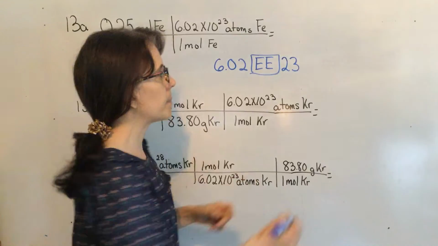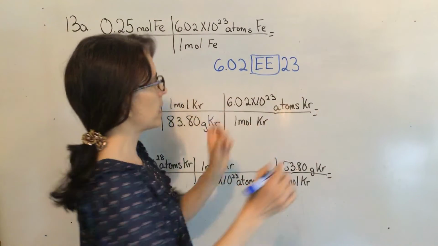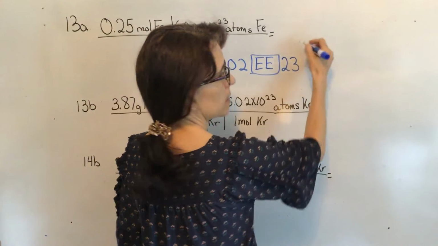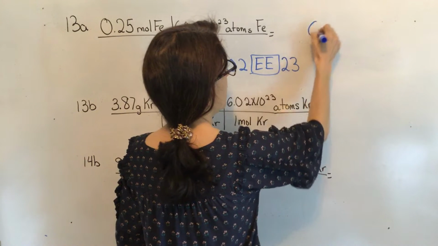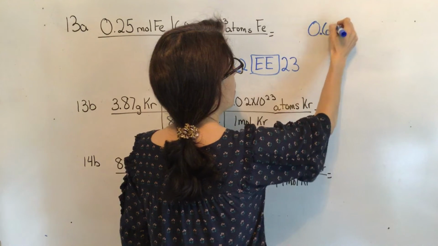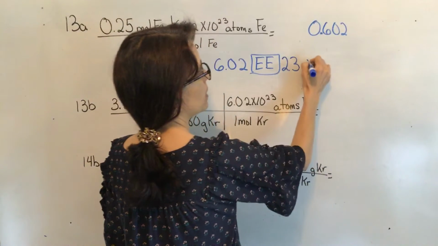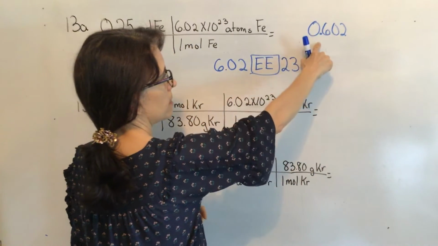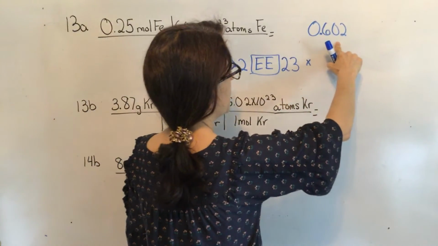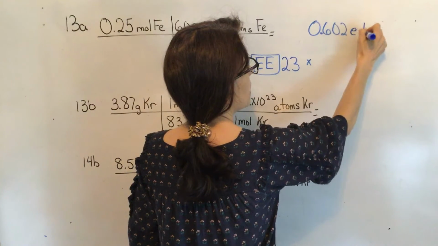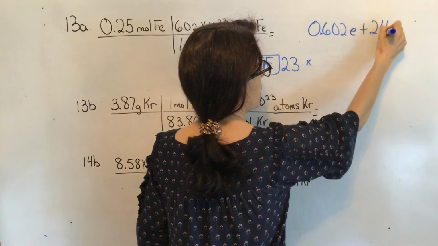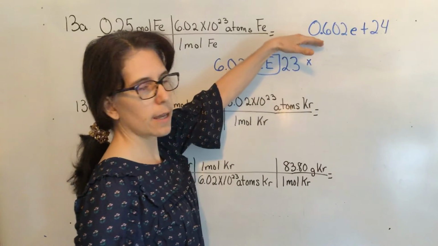And what's going to happen on your screen is it's going to change the number. It's going to look really strange. It's going to move the decimal. Sorry, after you hit the times sign, you'll see this appear: 0.602. Then it's going to put a little e, and then a big plus, and then a 24. All right? That's the calculator language.